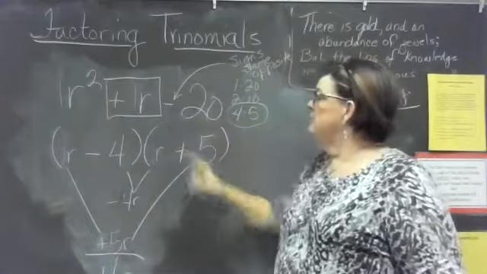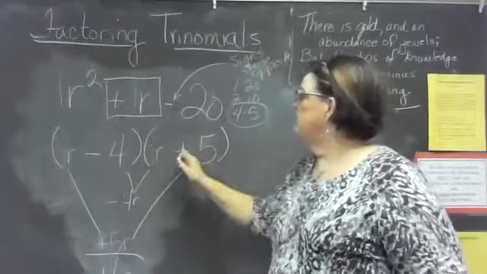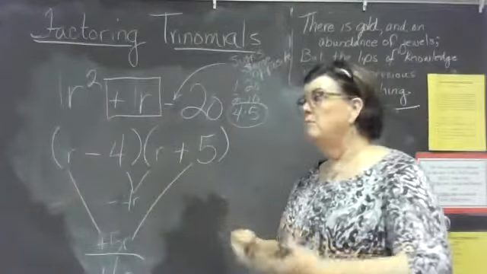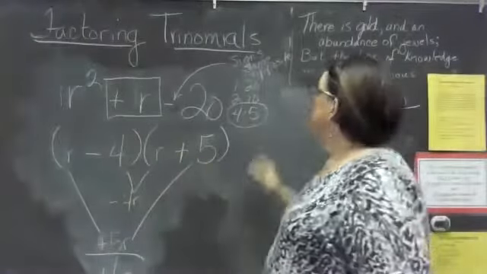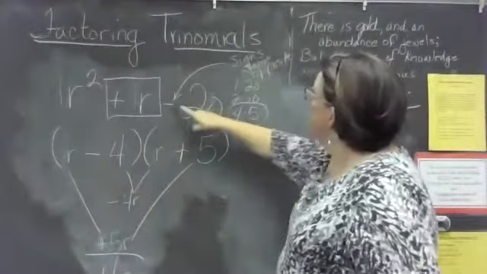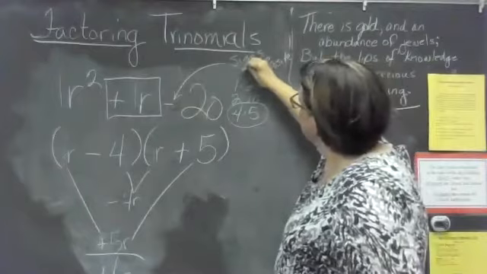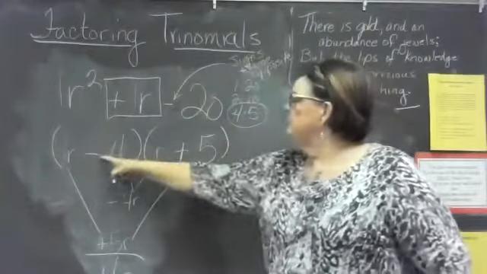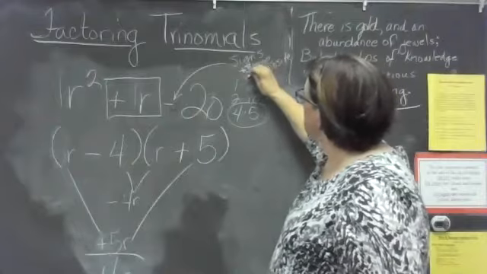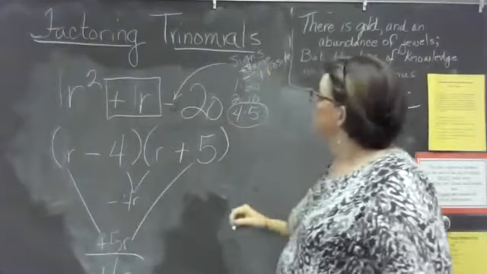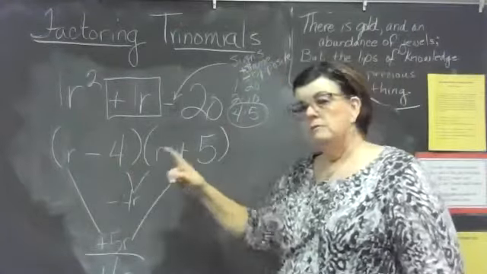All that does is say, are the signs here and here going to be both the same, or are they going to be opposite like here? If this sign is a plus, then the signs are going to be the same signs. If it's a minus, the signs here will be opposite.